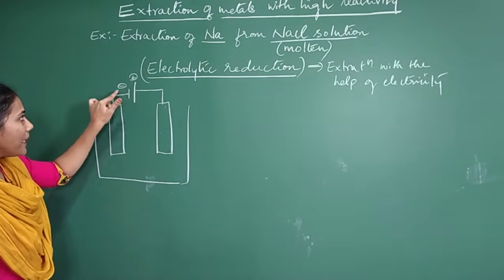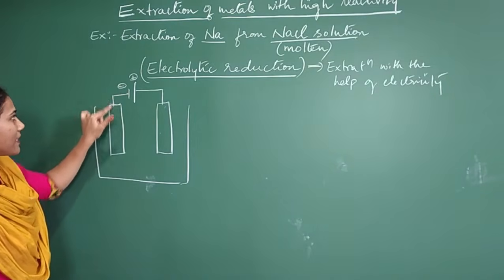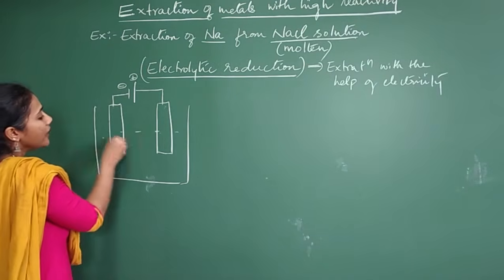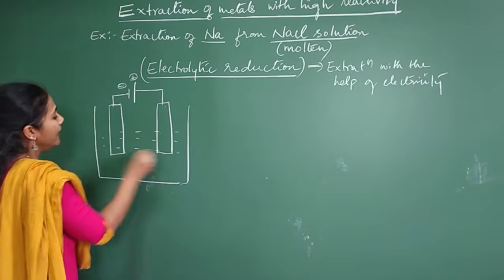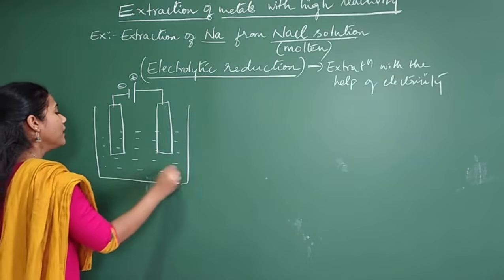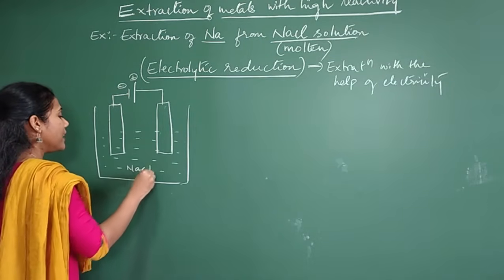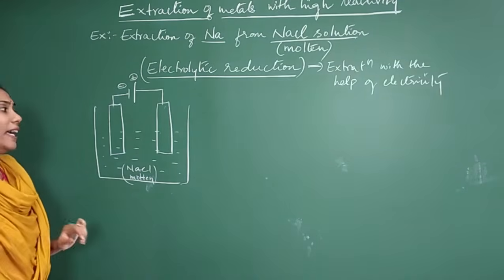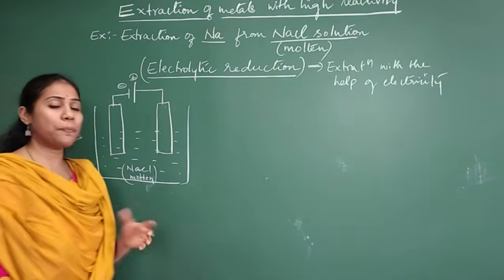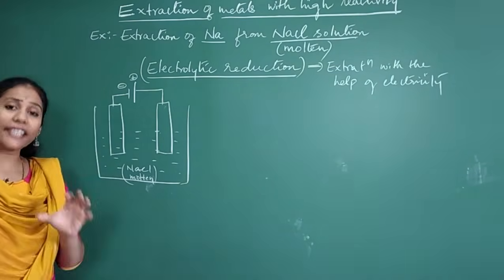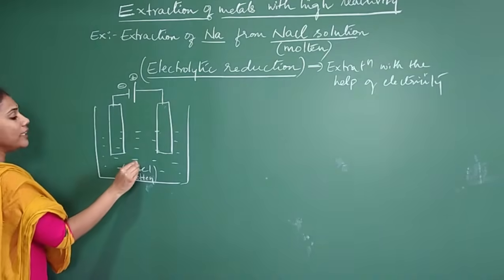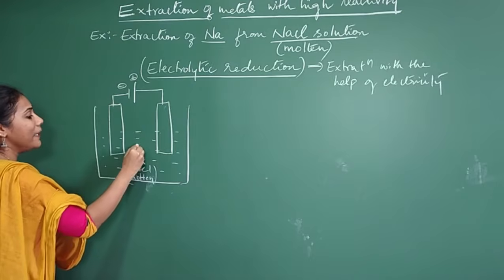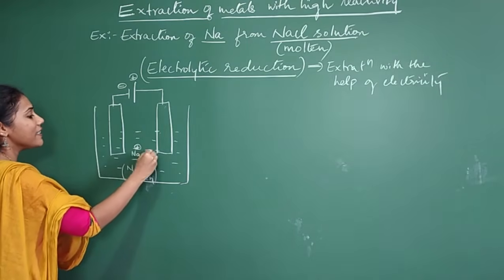Electrons will be passing from the negative terminal. And these electrodes, we are dipping in molten NaCl. So here you have molten NaCl. And the moment NaCl has become liquid, we all very well know that this NaCl has split up into Na plus ion and Cl minus ion.